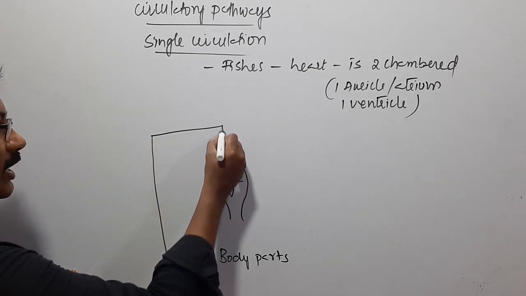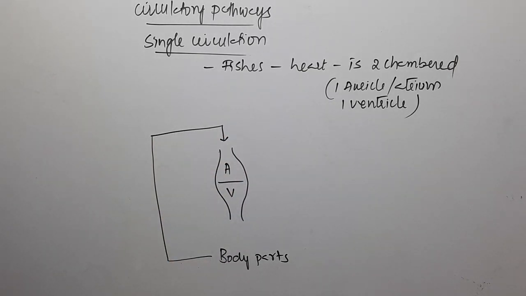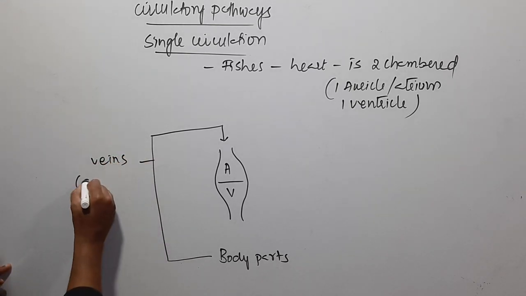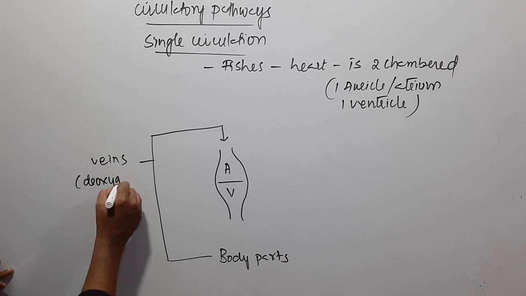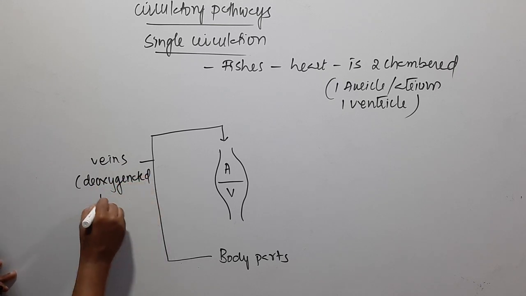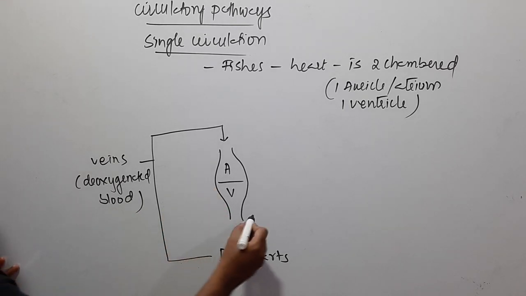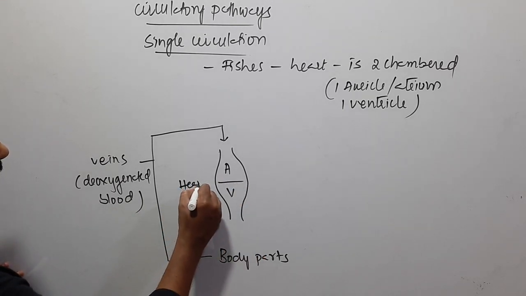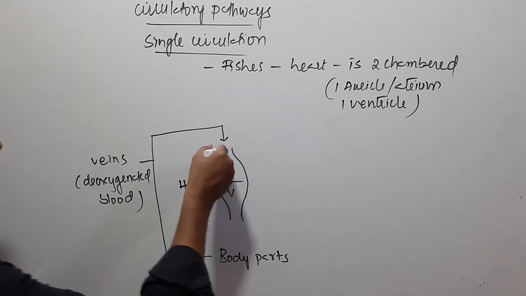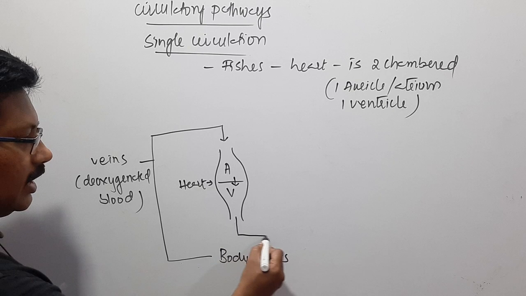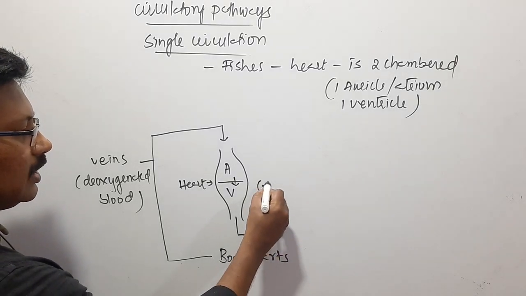From the body parts, the blood is collected by the veins, and the veins carry deoxygenated blood to the heart. So this is the heart, and blood goes into the auricle, from the auricle to the ventricle, and from the ventricle the blood flows to the gills.